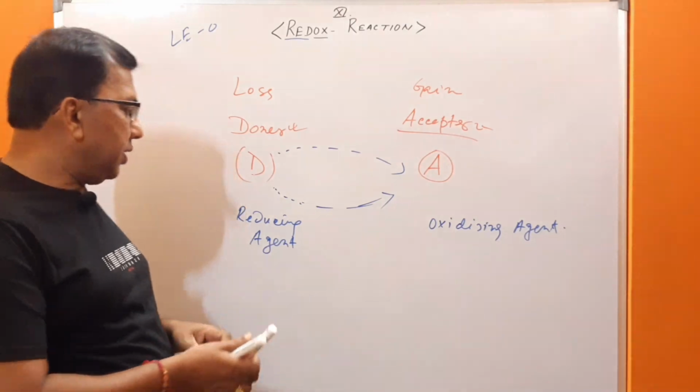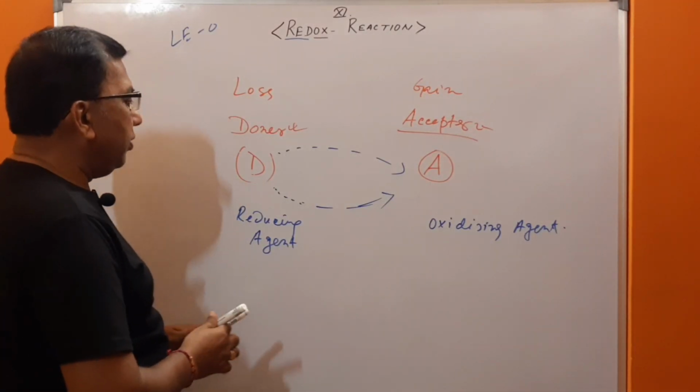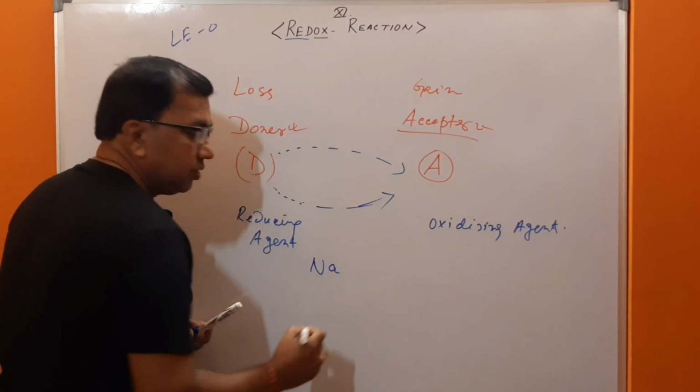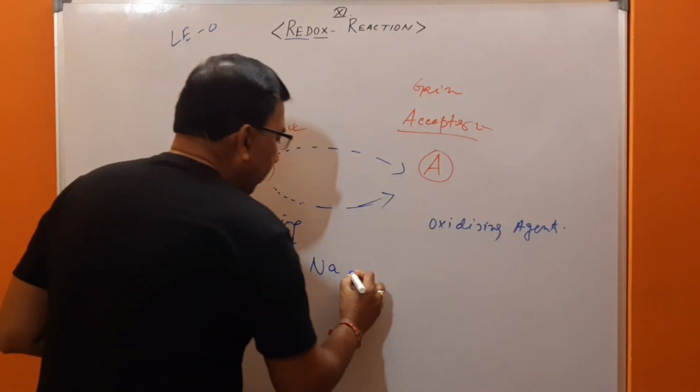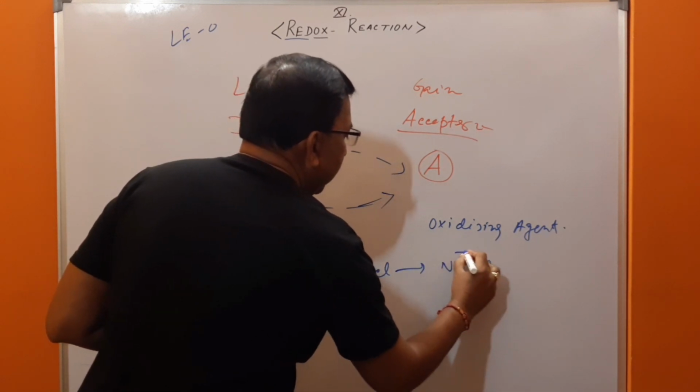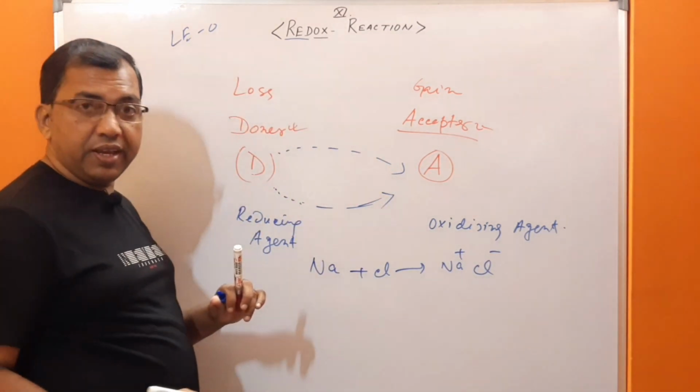Clear? Suppose I give an example: Na plus Cl forms NaCl, Na plus and Cl minus. So how does Na become Na plus?